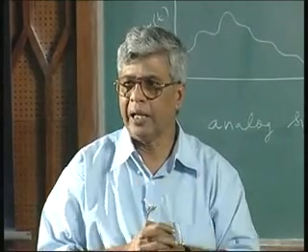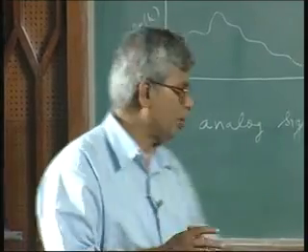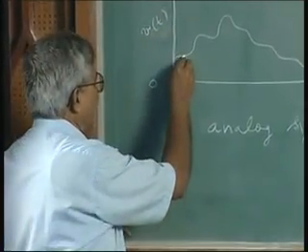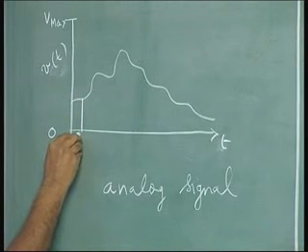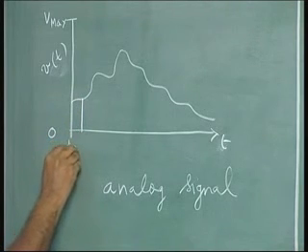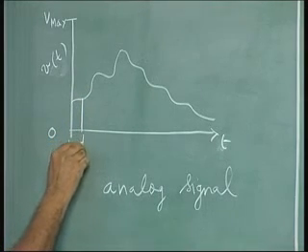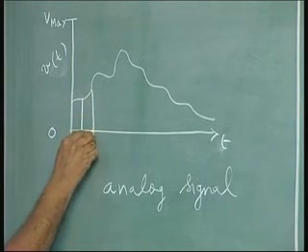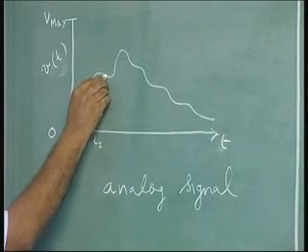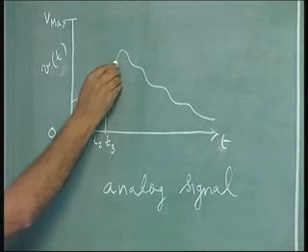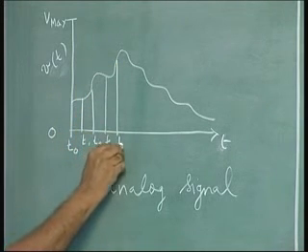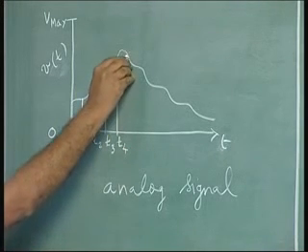Only then you are looking at such a signal. I will have equal intervals for time. I call this T0, the starting point, then T1, T2. They need not be equal, but just to make the explanation easier, I make them equal intervals of time.